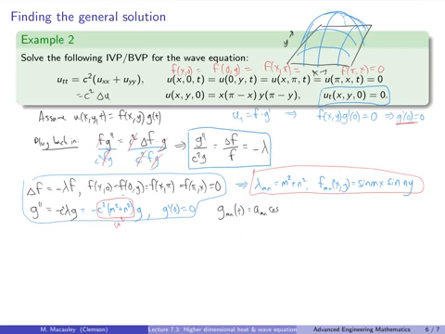So that's cosine of c times the square root of m squared plus n squared times t, plus b_mn times sine of c times the square root of m squared plus n squared times t. So that's g. But we have this zero initial condition here.